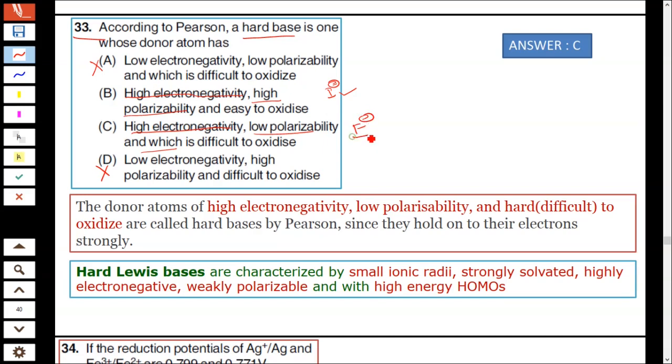Fluorine has high electronegativity and small size, hence it has low polarizability. Among these donor atoms, high electronegativity, low polarizability and difficult to oxidize are called hard bases according to Pearson principle. Hence answer C is correct.